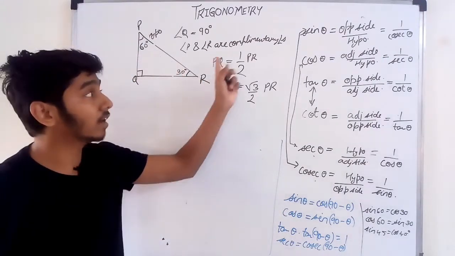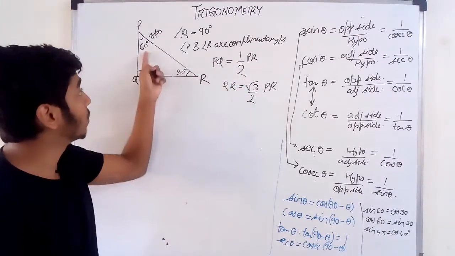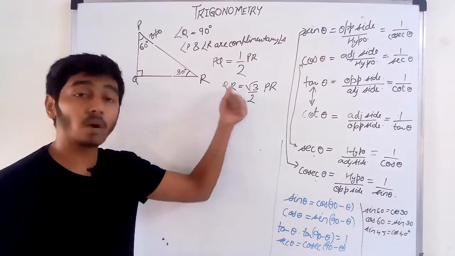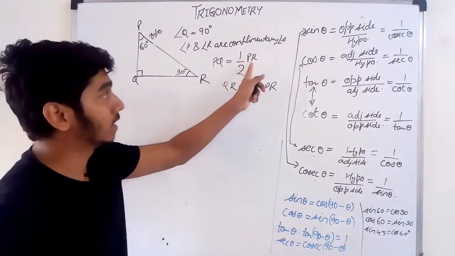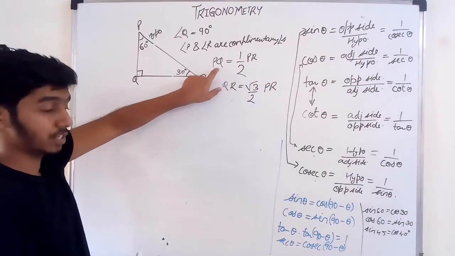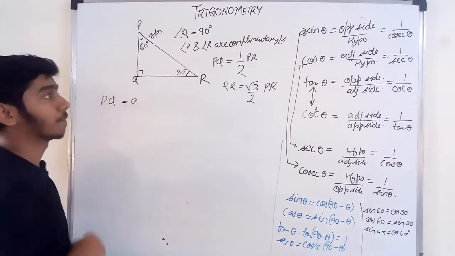So with the help of that, we get side opposite to 30 is half the hypotenuse, side opposite to 60 degree is root 3 by 2 the hypotenuse. So this has already been done.